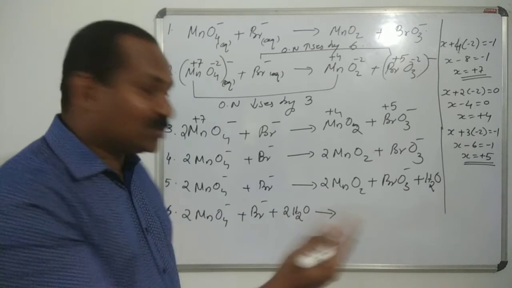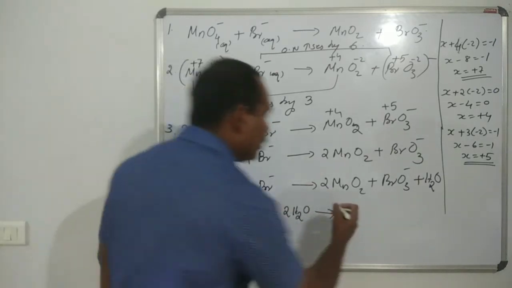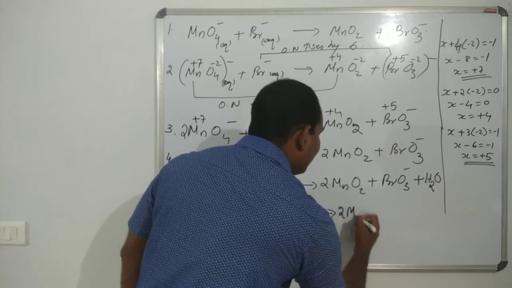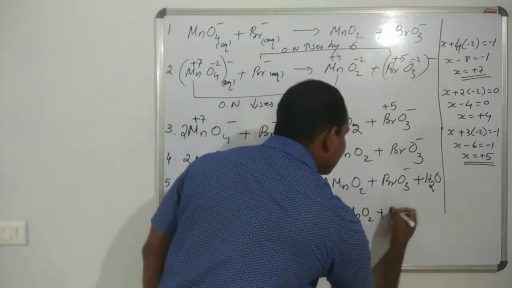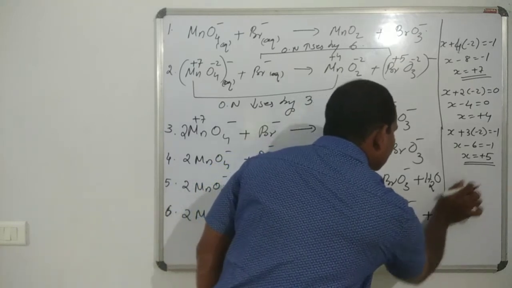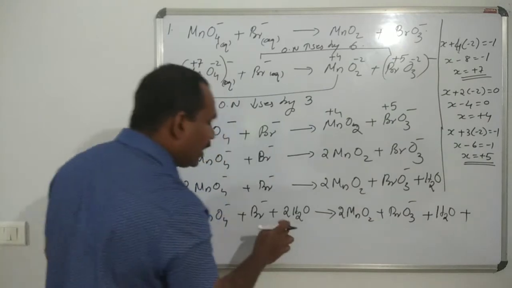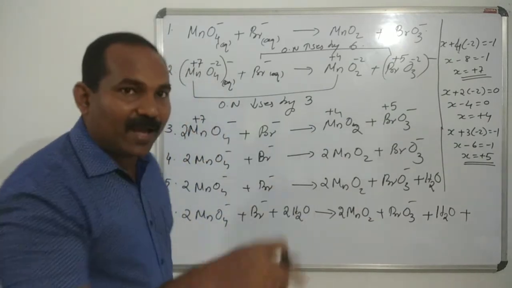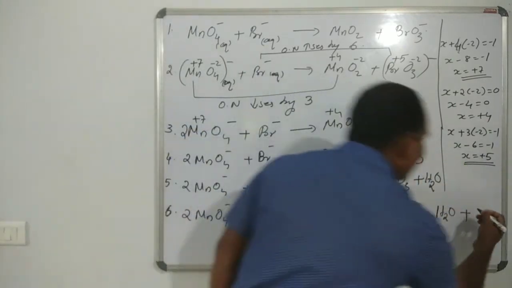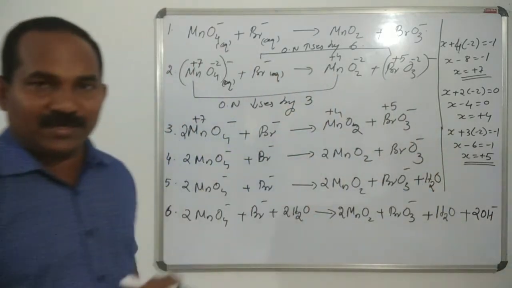The 2 hydrogen is compensated by addition of 2 water molecule. Then 2MnO2 plus BrO3 minus plus H2O. When you add H2O for balancing hydrogen, equal number of OH minus is added on the other side.